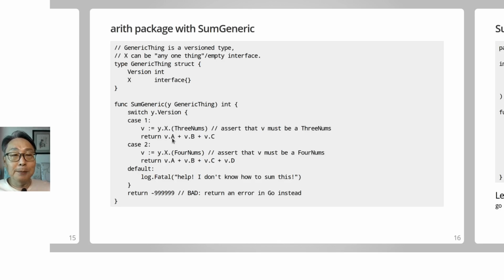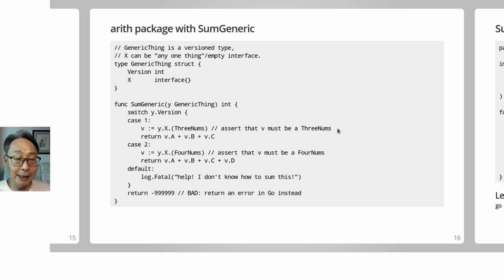How does the arithmetic package look now with SumGeneric? I've defined GenericThing here, Version and X, both public elements. And here is SumGeneric taking one argument, which is the GenericThing. If the version is 1, the compiler must check that it is actually a 3nums, otherwise it will panic and fail.